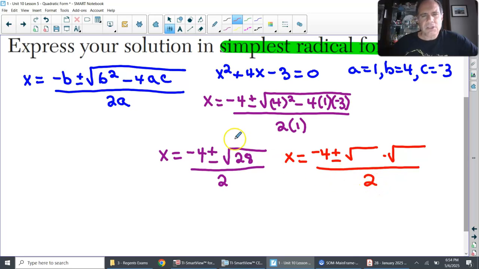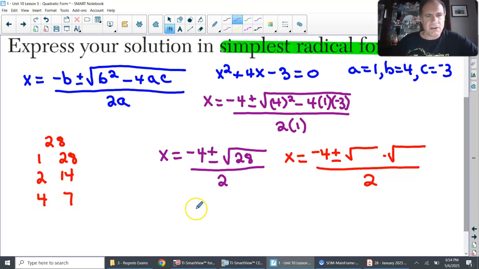All right. So what times what equals 28? And it has to be one perfect square times a non-perfect square. If you look at 28, and think about 1 times 28, 2 times 14, none of them are perfect squares. 3 does not go into 28, but 4 does. 4 goes in 7 times.